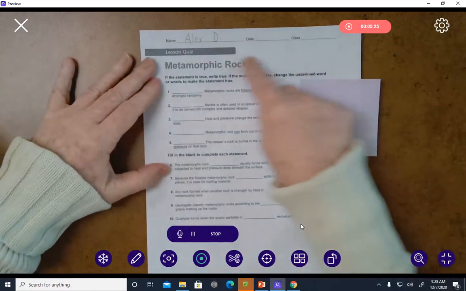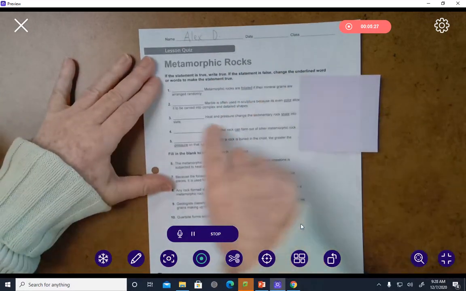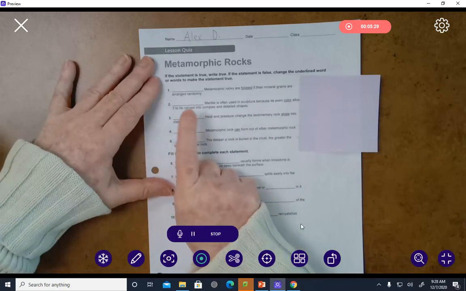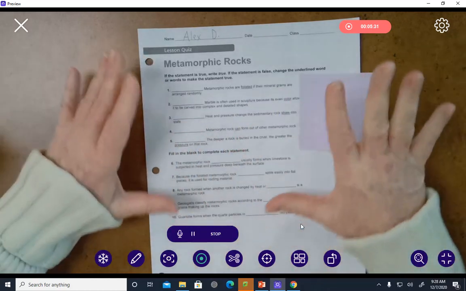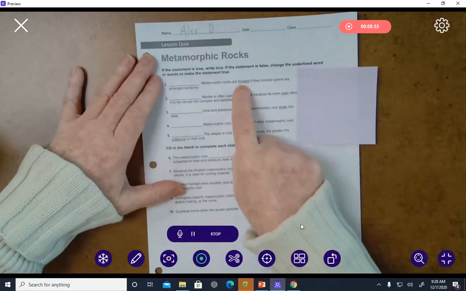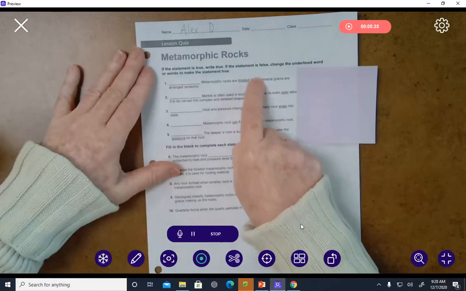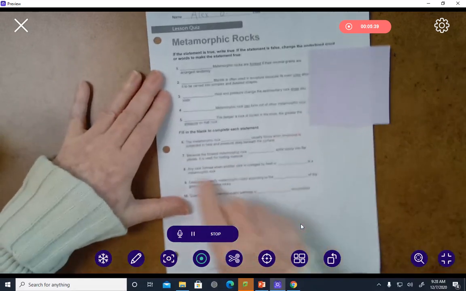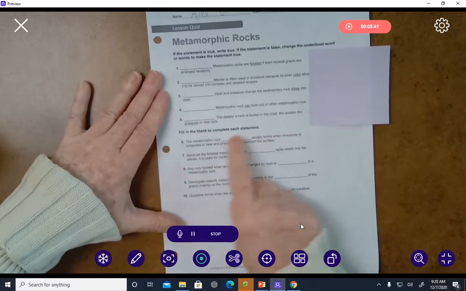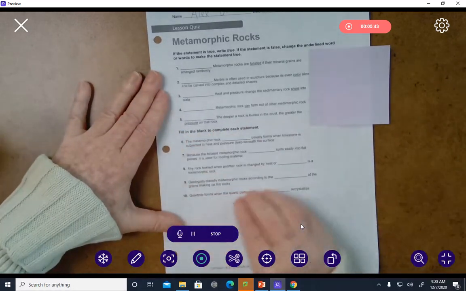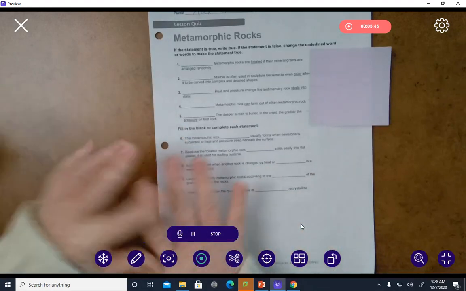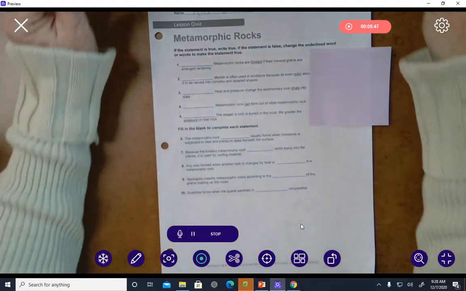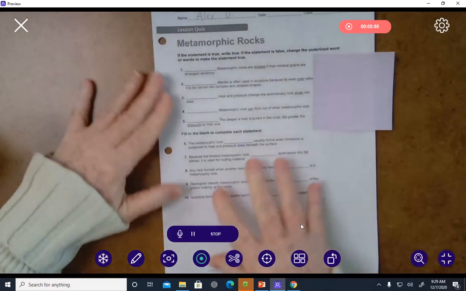But if you were going to follow the directions, you should write the changed word here. And don't make this hard on yourselves. If it's foliated, then it must be non-foliated. If it's high, then it's low, or whatever. And then you want to fill in the blank to complete each of these statements. All of these could be either in your notes or in your book. Be willing to go back and do a little research and then send that to me.